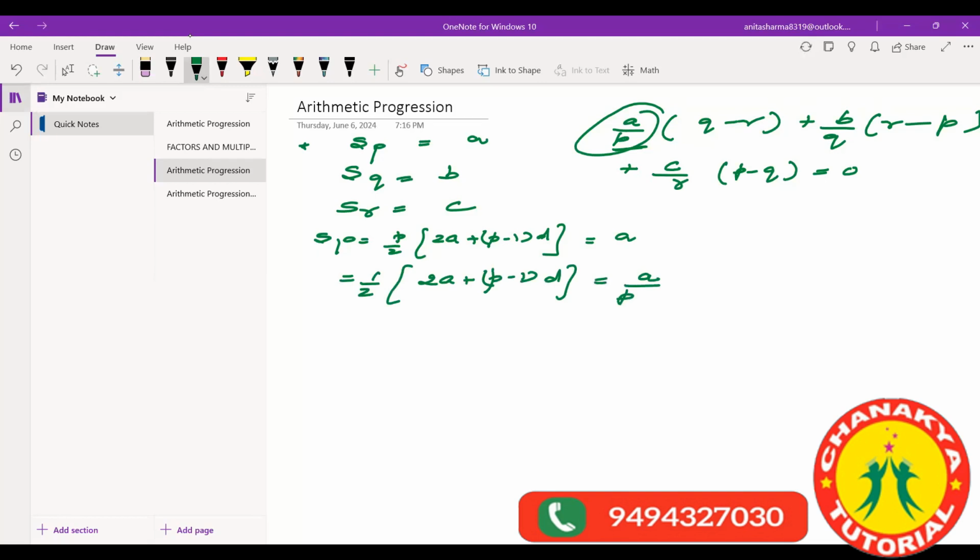Yes, ma'am. Now this is your equation 1. Now come to second equation. We need B by Q. So we will divide both the sides.